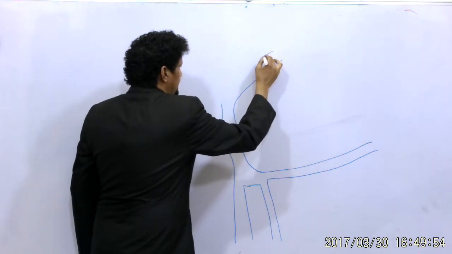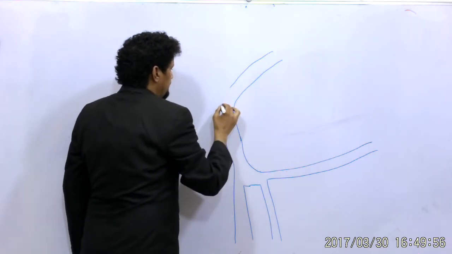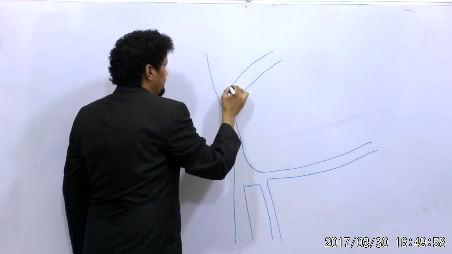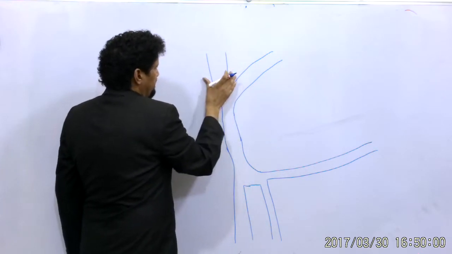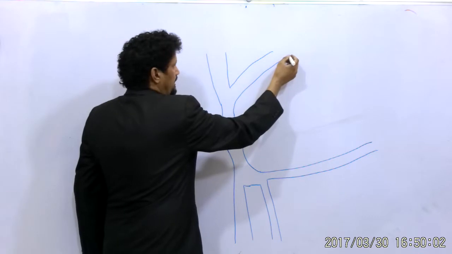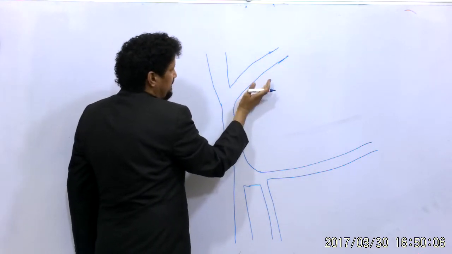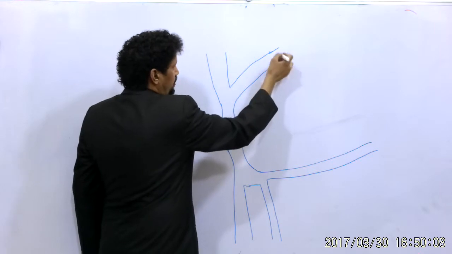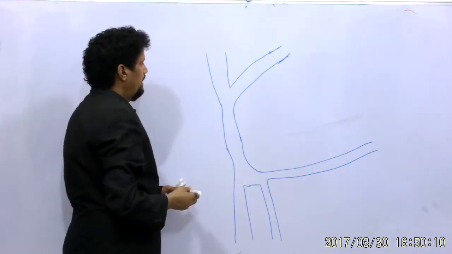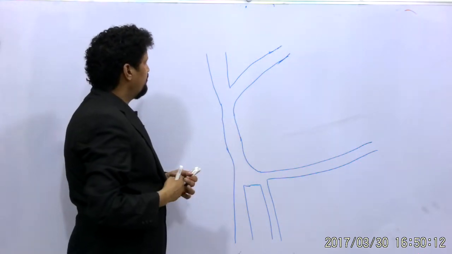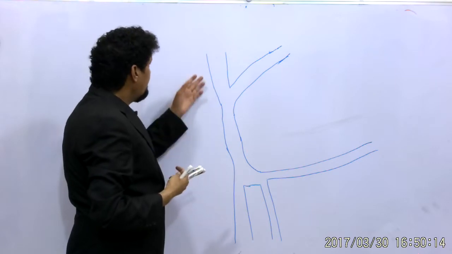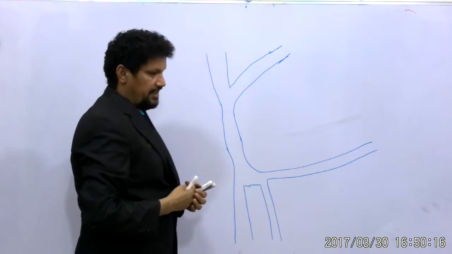This is the left branch and this is the right branch of the portal vein. The right is shorter and vertically positioned, the left is obliquely placed and longer, and these are ending in the porta hepatis and entering the liver parenchyma.